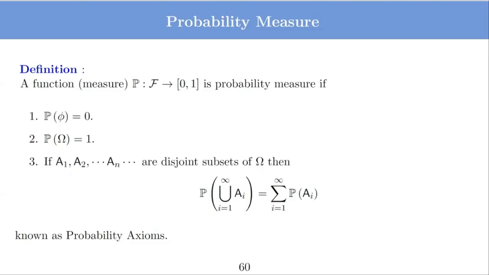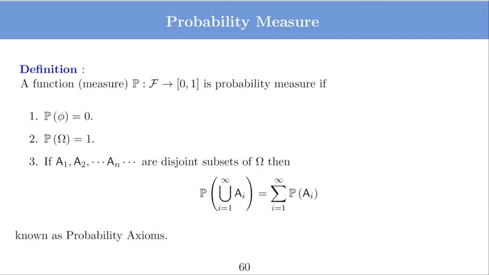So we will show later on, when we discuss the properties of probability space, that this probability measure is a monotonic function of the size of the set. If A is a subset of B, then probability of A should be less than or equal to probability of B.